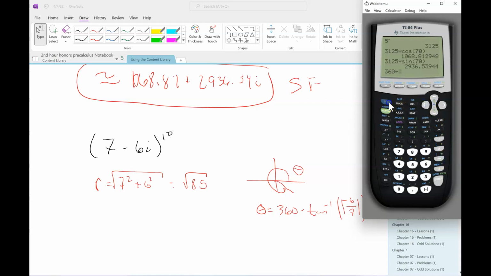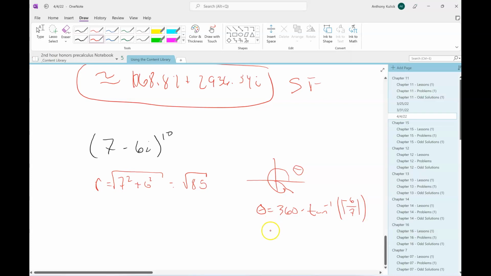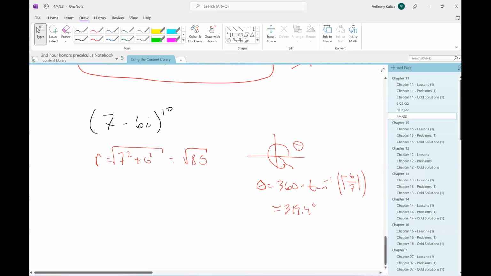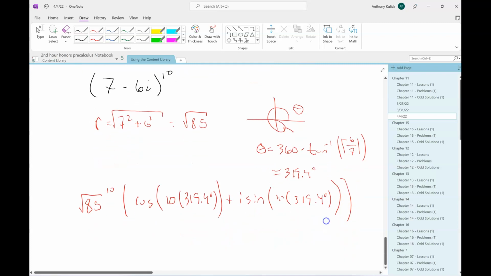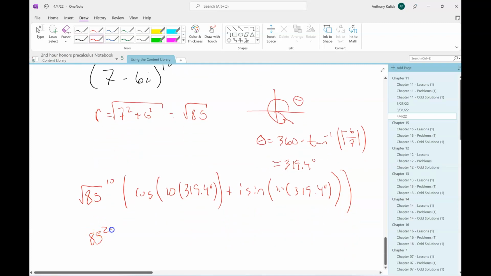Oops. So 319.4-ish. So what do I have? I have square root of 85 to the 10th times cosine of 10 times 319.4 degrees plus i sine of 10 times 3,194 degrees. So that's really the same thing as 85 to the 5th.